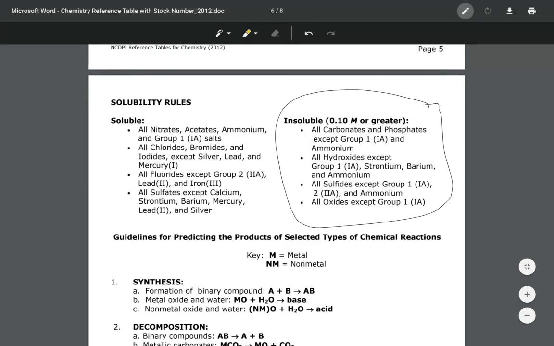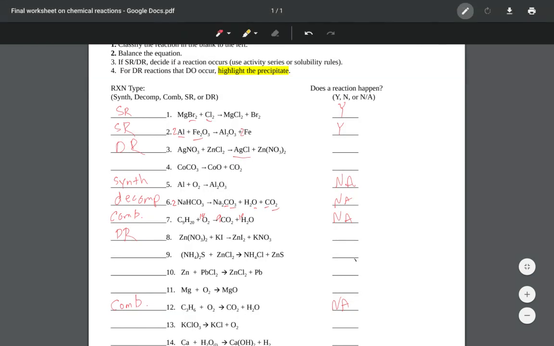We look, the second rule right here says all chlorides, bromides, and iodides are soluble except silver chloride, meaning silver chloride is insoluble. It's a precipitate. So we make a precipitate. So we'll say yes, a reaction happens. And then the last step, it says highlight the precipitate. And there's a little highlighting tool in Google Docs that you can use.